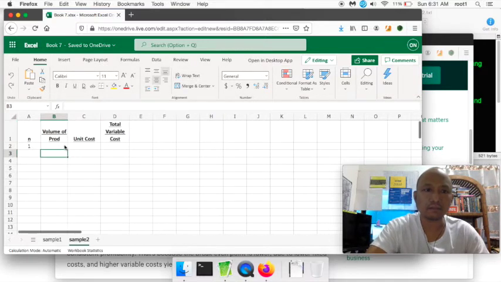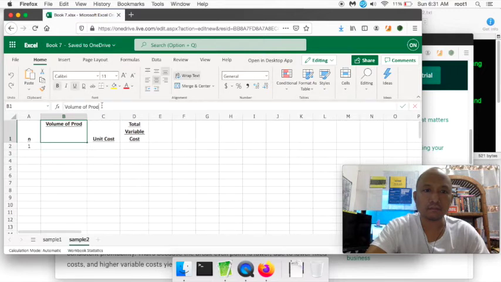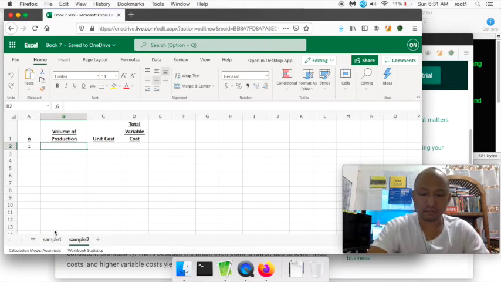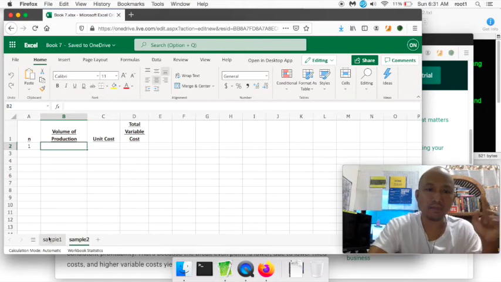So the volume, since I'm using sample one, this is the beauty of the spreadsheet.